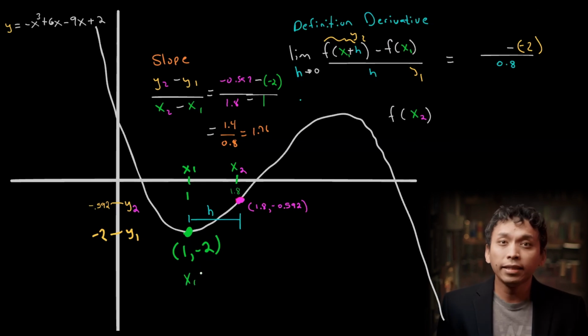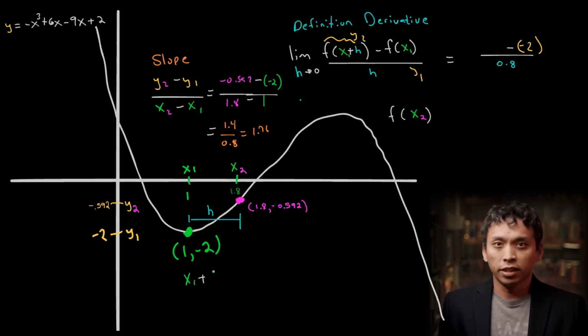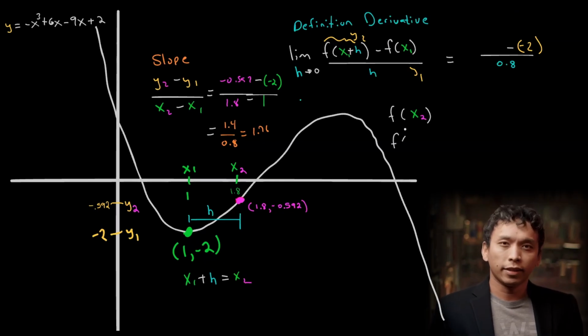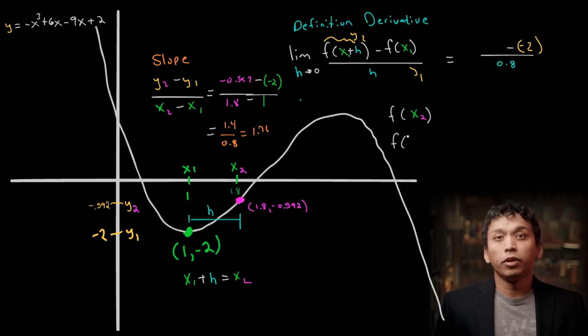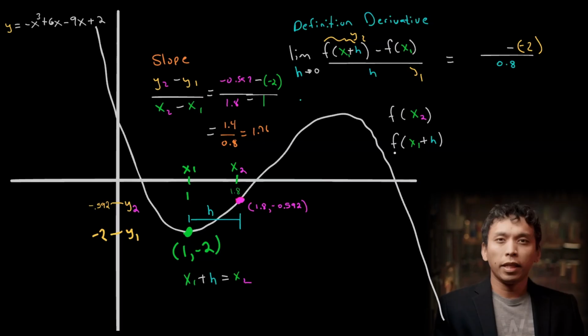If we add to that x value the h horizontal distance, that is how you get to x2. So in the substitution, instead of f of x2, this is rewritten as f of x1 plus h. And even though we have this expression f of x1 plus h, all it's really saying, tracing all the way back, is just y2.